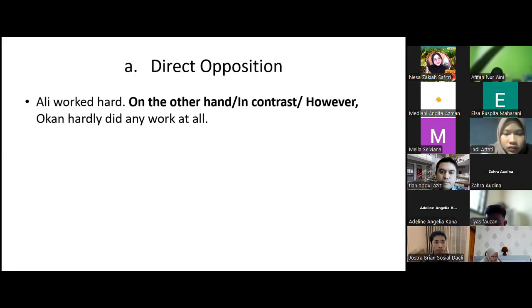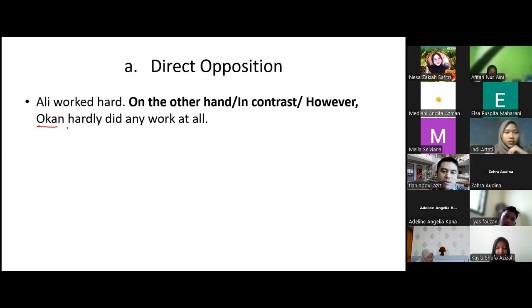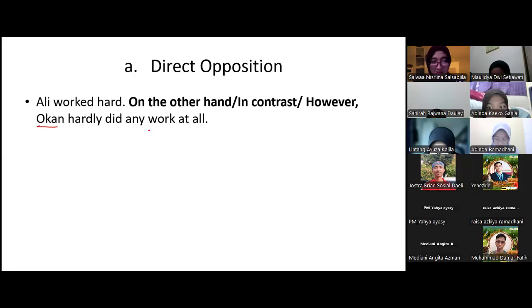Ali worked hard. On the other hand, in contrast, however, Okan hardly did any work at all. Okay, here we see that there are two different ideas. For the first sentence, Ali worked hard. Ali is a good man, because Ali worked hard. But in the second sentence, Okan, a Turkish name, hardly did any work at all.